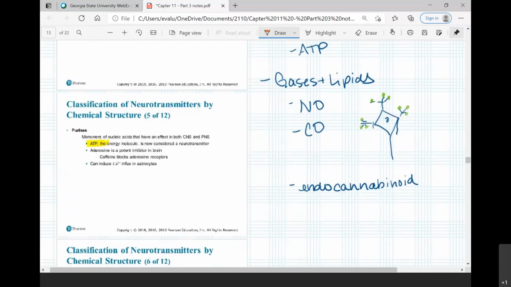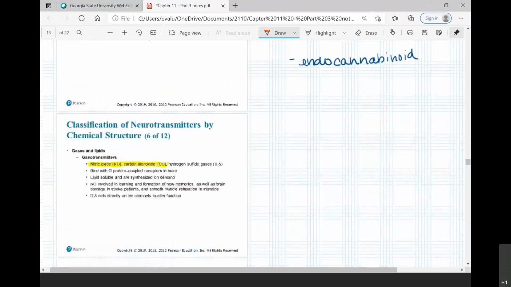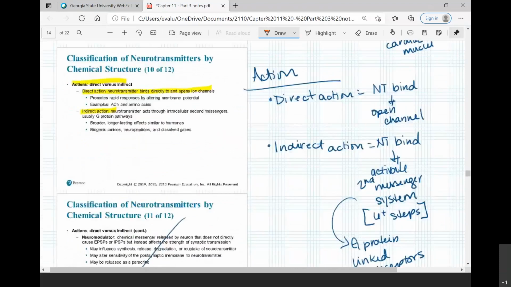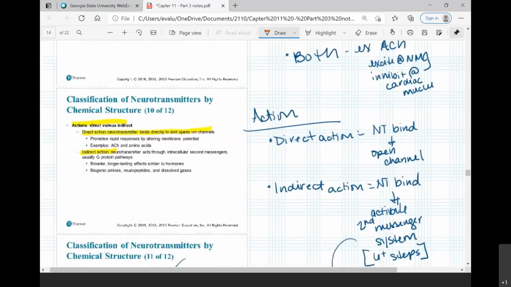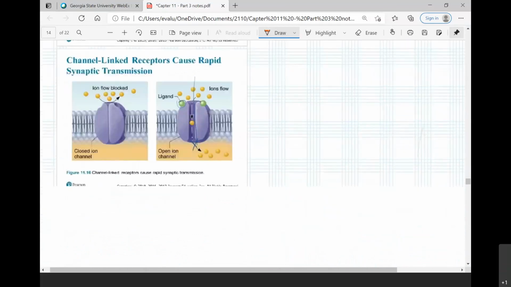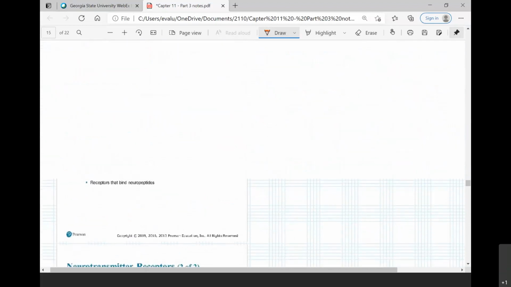So you do have a receptor that is built for the chemical structure of cannabis. That's just an interesting kind of biological mechanism that we have. Okay, so these are all of the chemical structures. We're going to spend a little bit more time on the classification of this chemical structure and then the function.